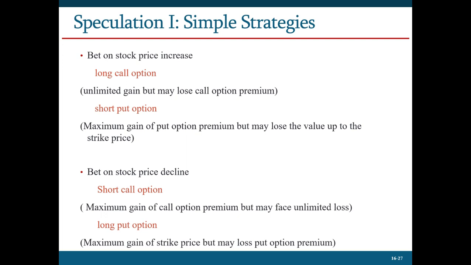But when the stock price declines, you can keep the premium that you collect from your counterparties. But taking a short position in a call option is a very risky position because the investor needs to face an unlimited amount of losses. It's a very risky position when investors are selling a call option.